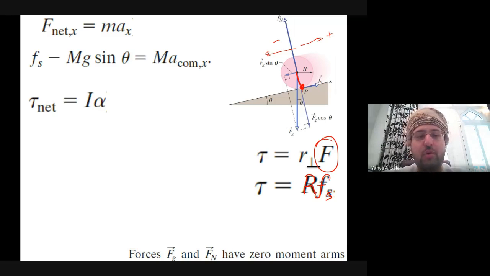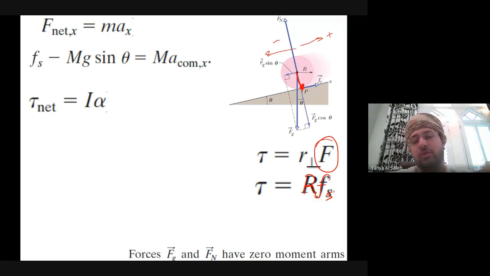Now we have two more forces that we can consider for our torque. But it turns out they have zero moment arms. Fg and Fn both go through the center of mass, which means their R is exactly 0. So although there is a force, Fg cosine theta, since it's going through the center of mass, my moment arm is 0. So it doesn't really apply on torque.